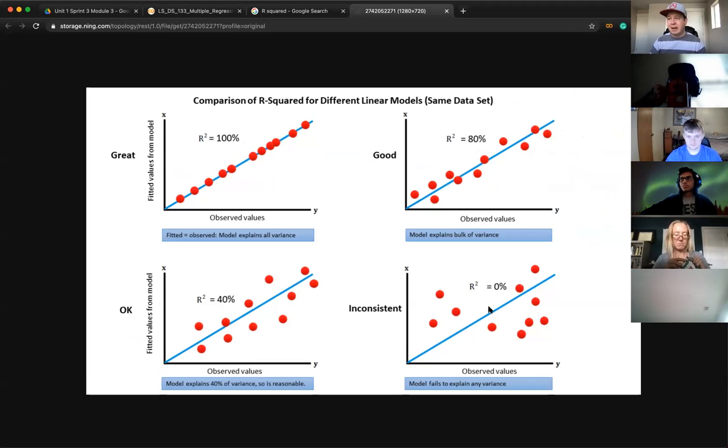If it's really a shotgun blast with a line through it, our R squared might be around 0%. I don't think this is actually a great example of R squared at 0%. I bet this is a made up number, but we want this to go between 0 and 1, and we prefer a higher number. And we'll often turn those into percentages as we talk about it, for reasons that I'll explain here in a second.